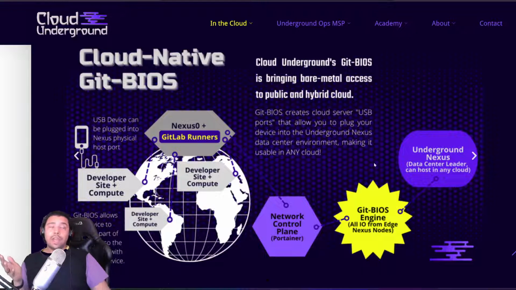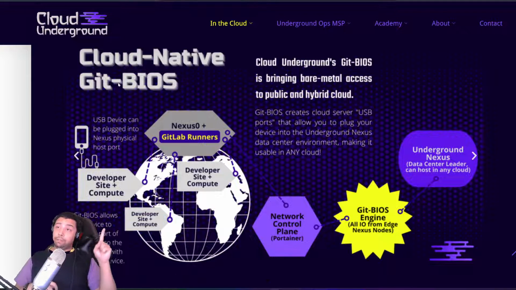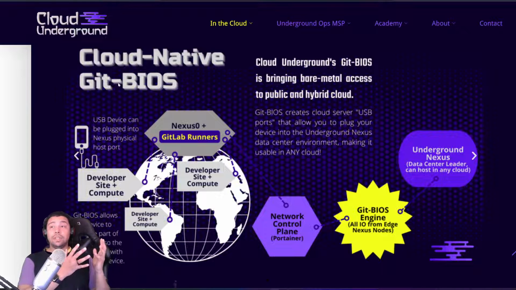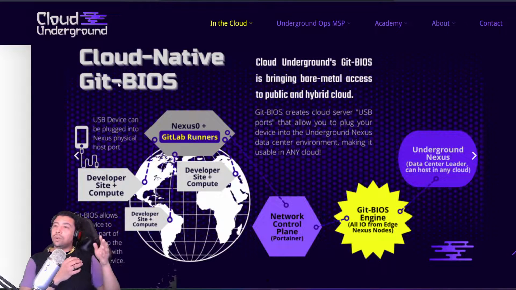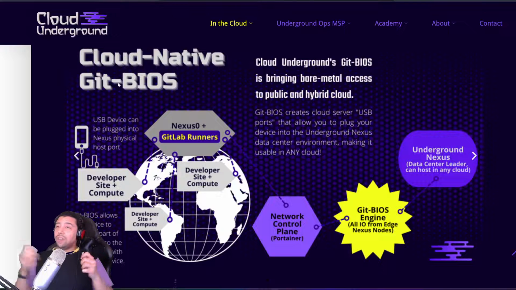And so the Underground Nexus uses Git for how it uses basic input-output systems. If you've never heard of BIOS, that stands for Basic Input-Output System. What this means is that when you install an operating system like Windows or Linux on a physical machine server, that physical machine server has inputs and outputs.